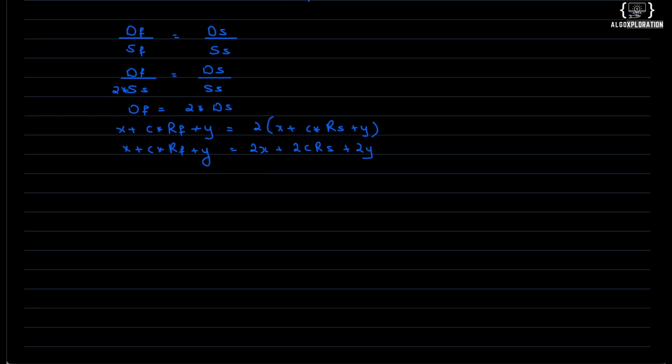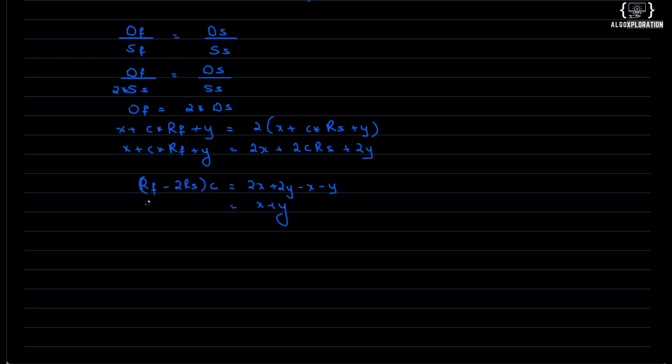Now I'll take this and this to the left hand side, so this will be rf minus 2rs, taking c as common, and I will shift x and y to the right hand side. So it will be 2x plus 2y minus x minus y, which becomes x plus y.